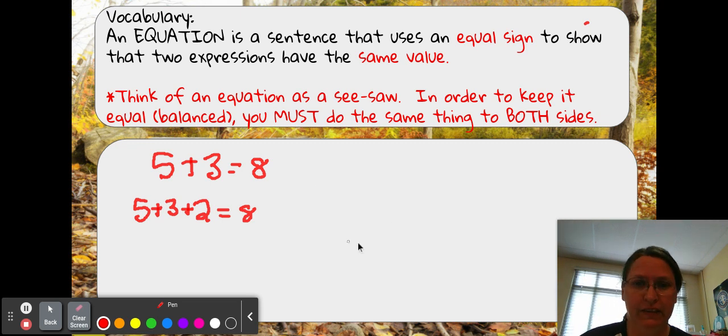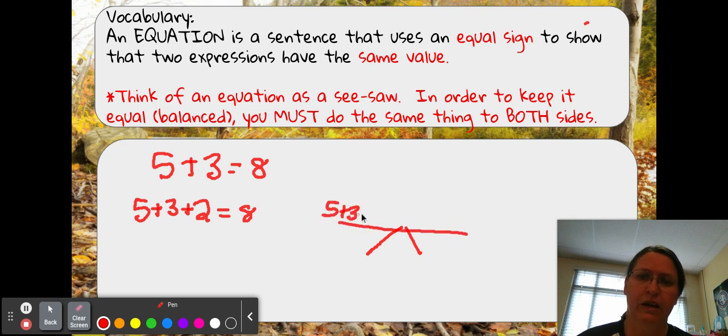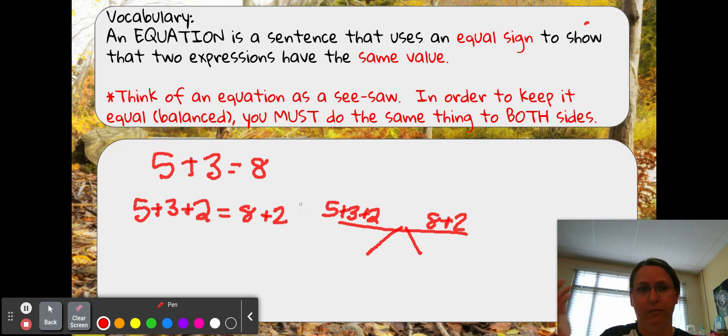No, but if you think of a seesaw, right here, I have 5 plus 3 plus 2 on this side. I have 8 on this side. What do I have to do to this side to make it even? Well, I have to add 2, right? If I do something to one side of an equation, I have to do it on the other side, or my equation is no longer equal.